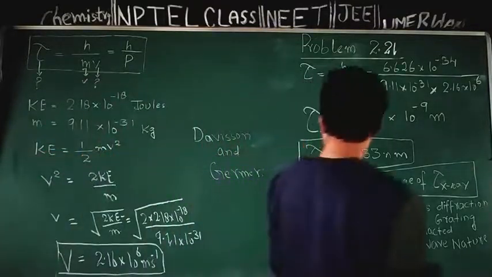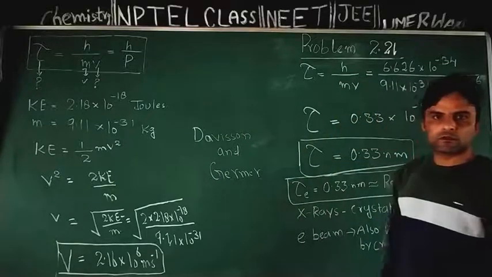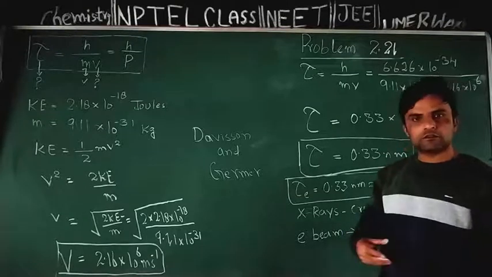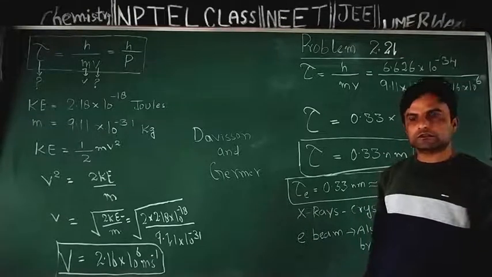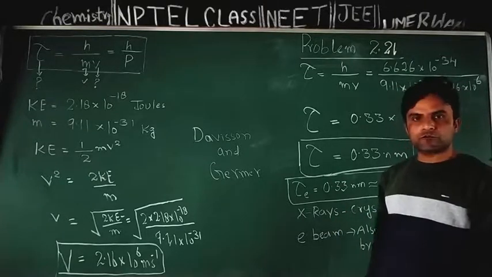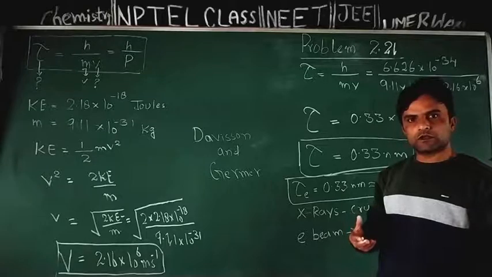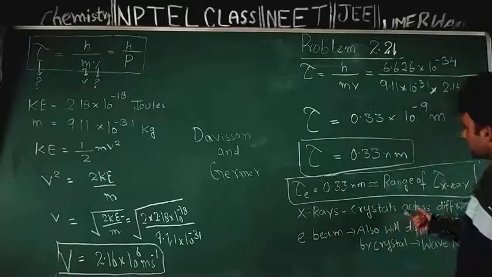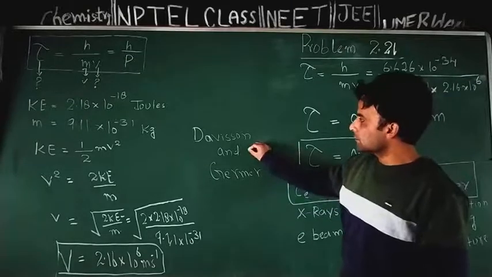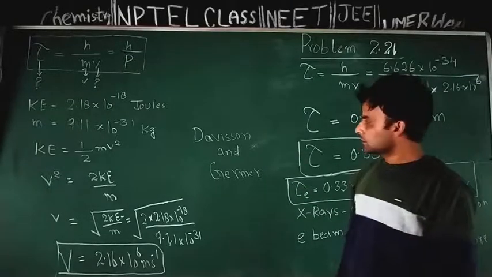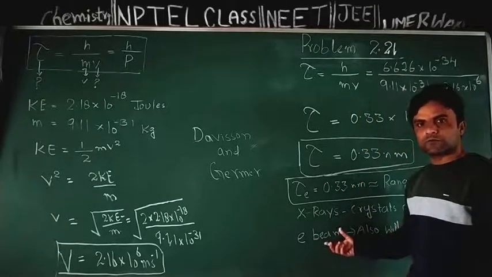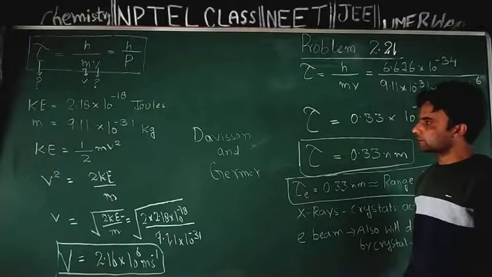They allowed electrons to fall on nickel crystal, and what they observed was that this electron beam got diffracted by nickel crystal. Nickel crystal diffracted the beam of electrons and they received a diffraction pattern similar to that of X-rays, which validated that electron beam behaved as wave, showed wave character.